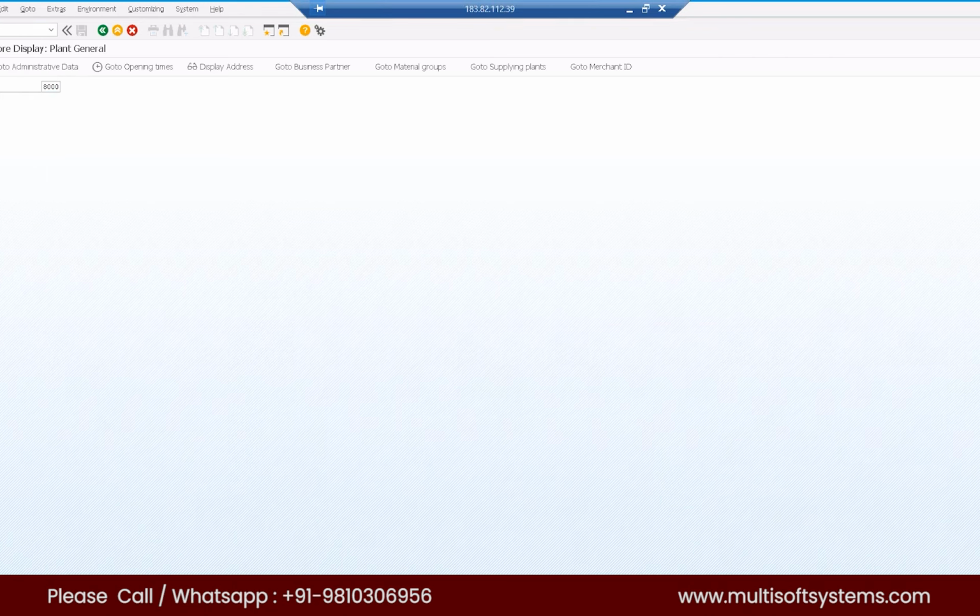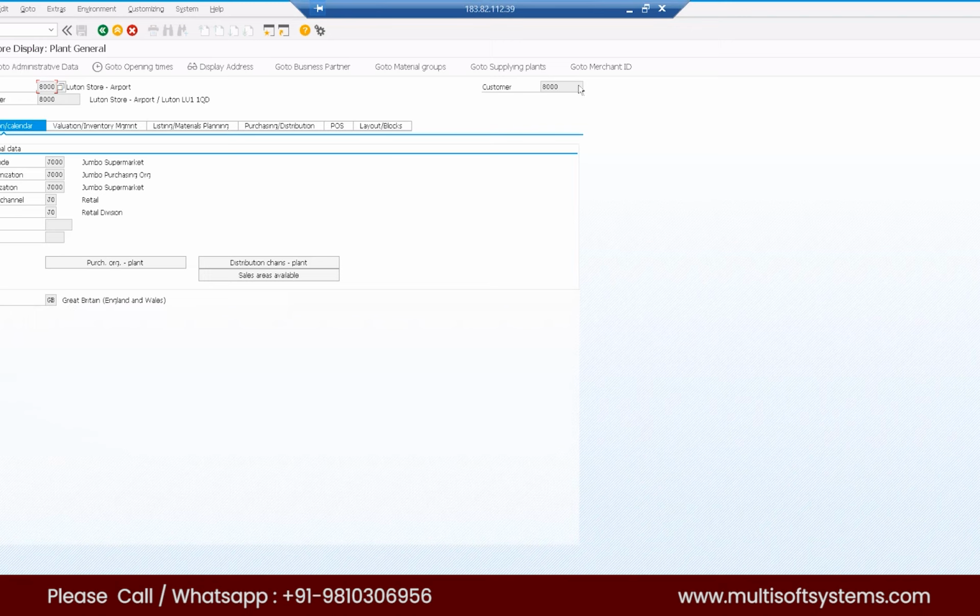The moment I open this plant, you will be able to see a customer, and the person who created this hasn't created a vendor here. So the plant is always associated with the customer and vendor objects. Vendor is not mandatory, whereas customer is mandatory. The reason why customer is mandatory is one more piece of information. When we say store, let's take M&S itself.